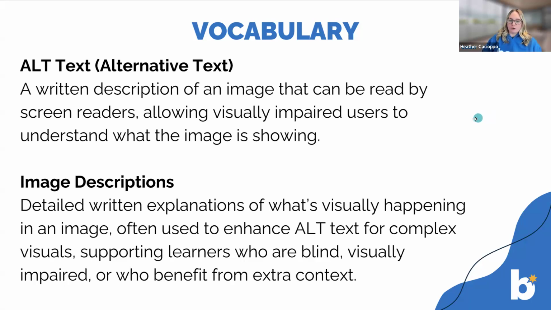There's also image descriptions similar to that, but it enhances that alt text again for that more complex visuals that I know lots of you have in your boom decks. So again, supporting individuals who are blind or visually impaired, we do want to make sure that they have that extra context.